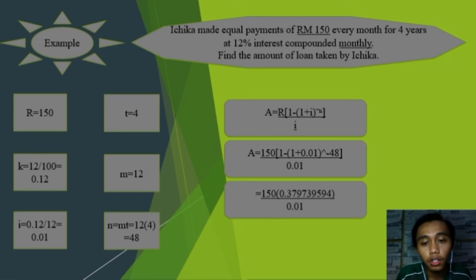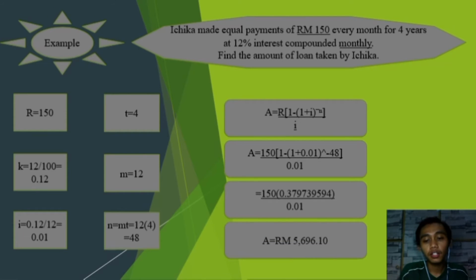So we will get 150 times 0.379739574 divided by 0.01. So the answer is RM 5,696 and 10 cents.